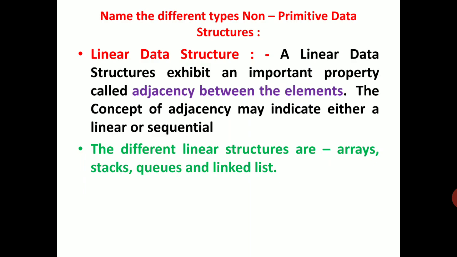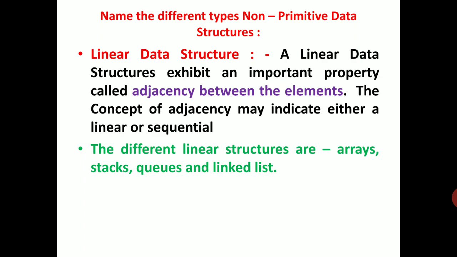The examples are integer, float, double, and character. The operations we can do on primitive data structures are create, selection, update, and destroy.